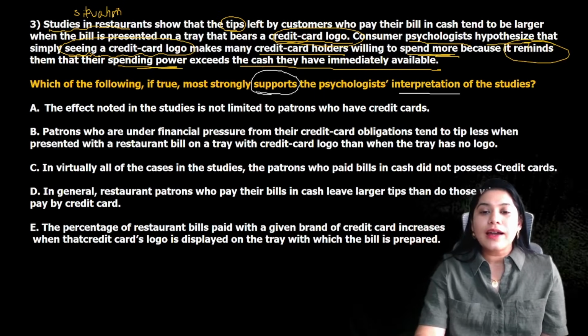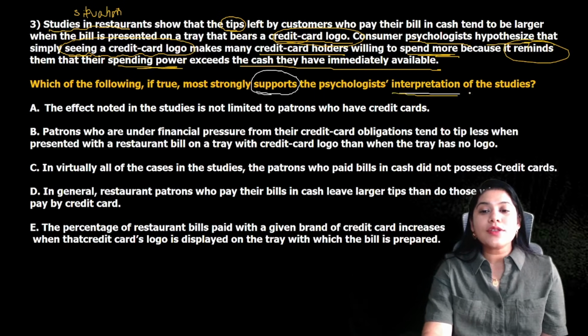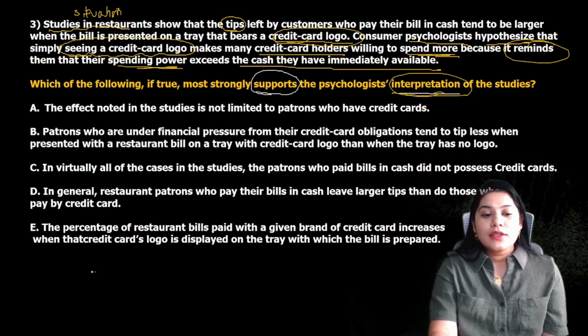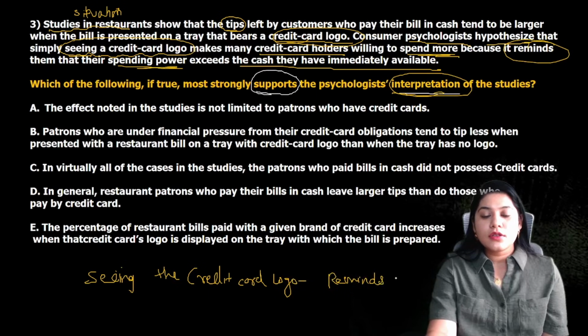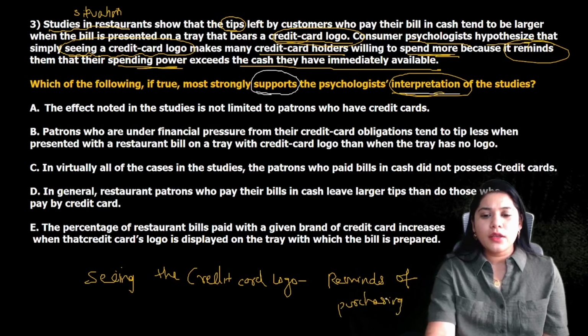That means you have to support this interpretation that simply seeing the credit card logo reminds you of your purchasing power, how much you can spend no matter how much cash you have. That's the correlation or theory.